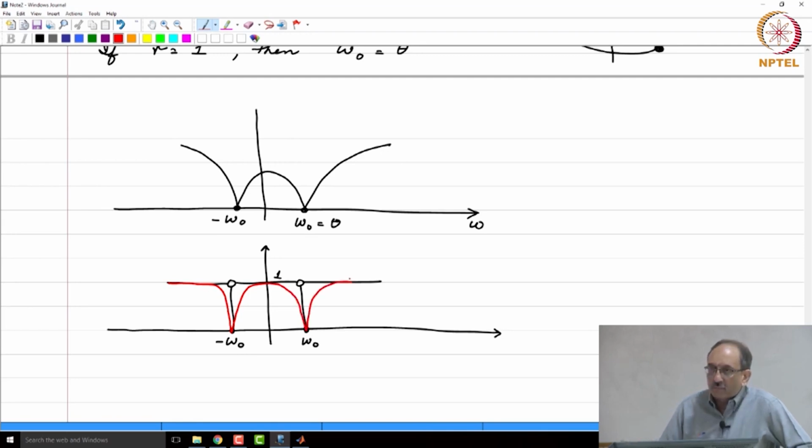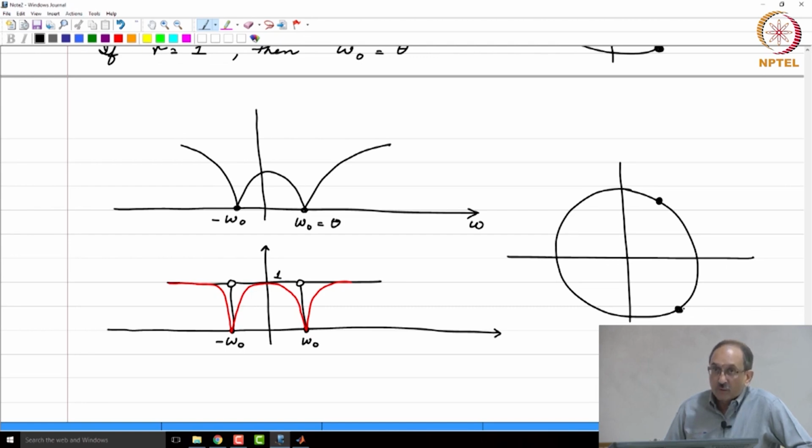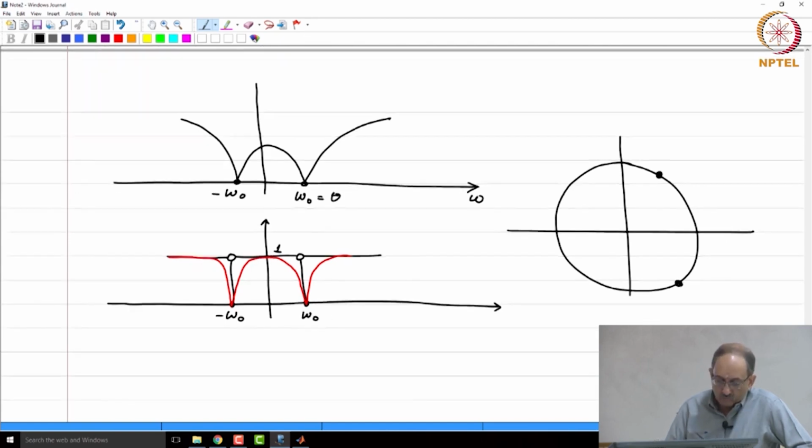You want the gain to come back to 1, so you want to introduce poles now. So, you have the notch filter and you want to introduce poles, and where do you want to introduce poles?